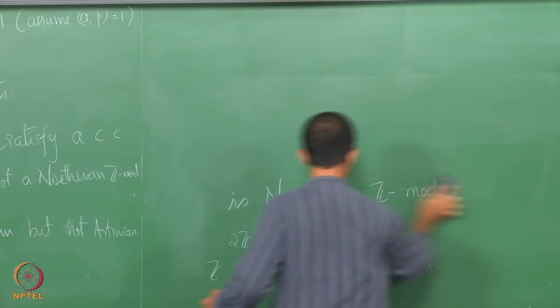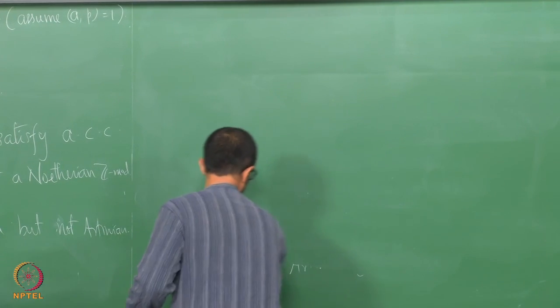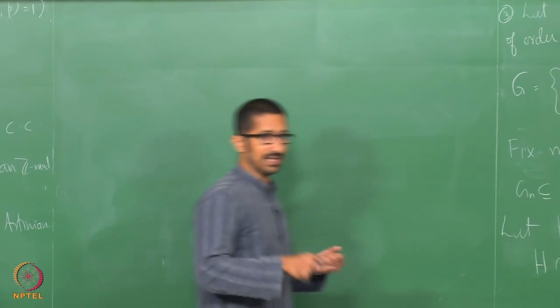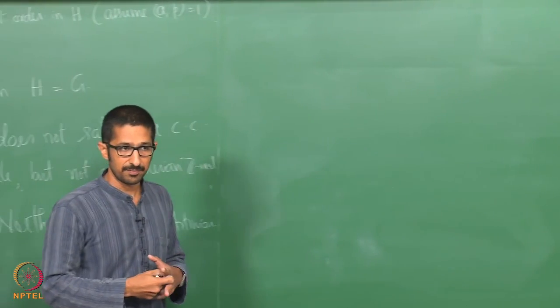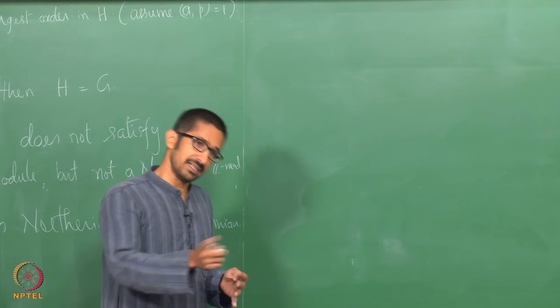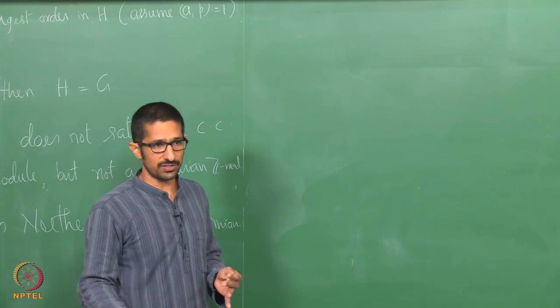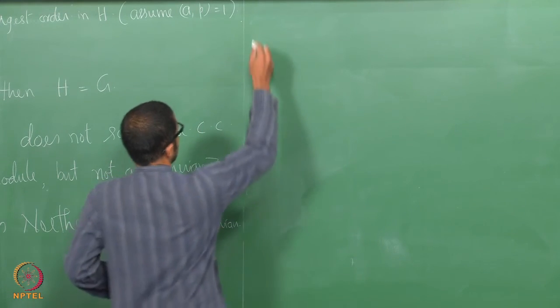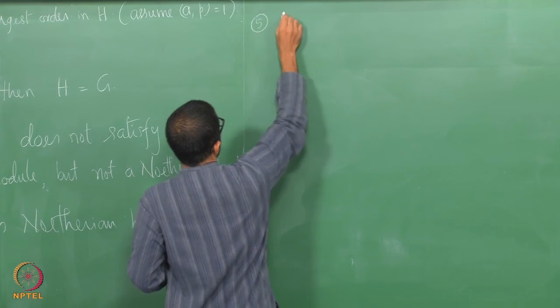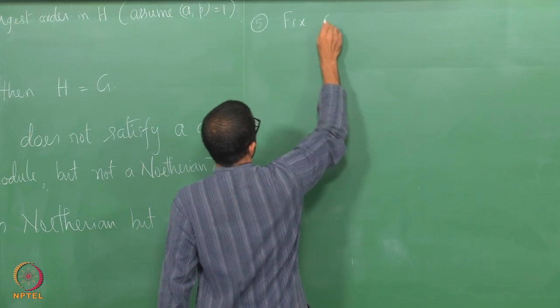So, we have seen examples where it is both Noetherian and Artinian. They are either Noetherian but not Artinian, or it is Artinian but not Noetherian. Now, if I have this example, fix a prime p.